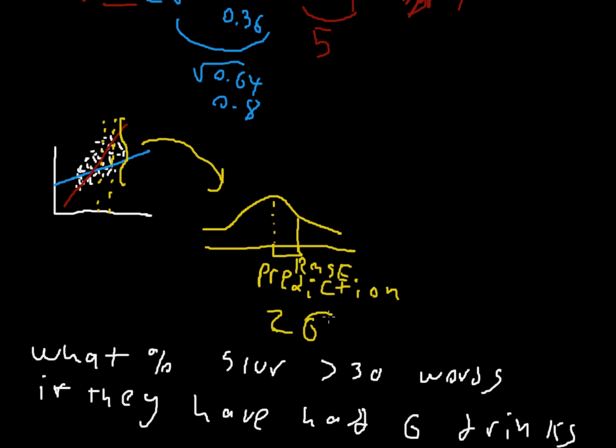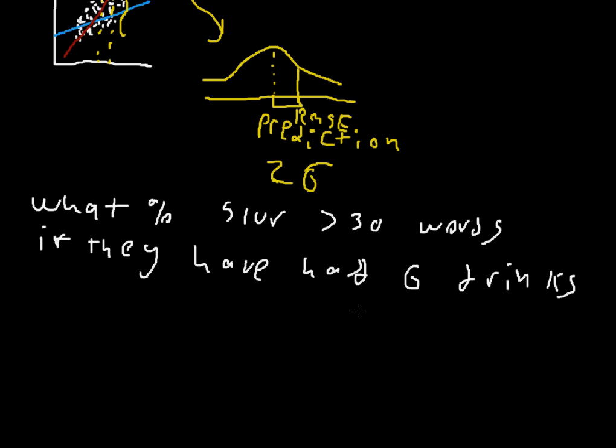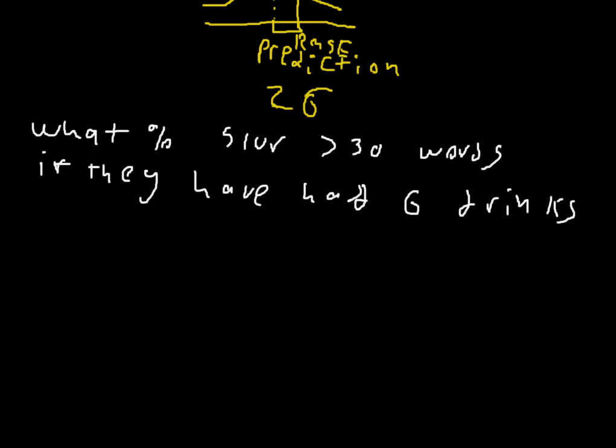So 30, the value we want, minus the average 26, divided by our RMSE 4, is 1 standard unit, so it's 1 RMSE away from our predicted value.